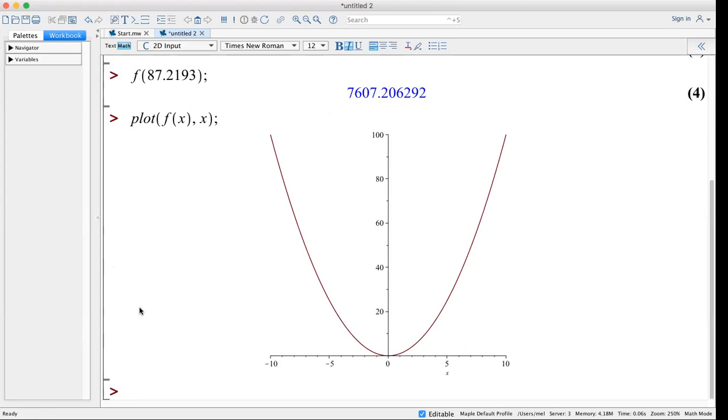If we want to define a new function, let's say g, maybe I'll call the variable t.